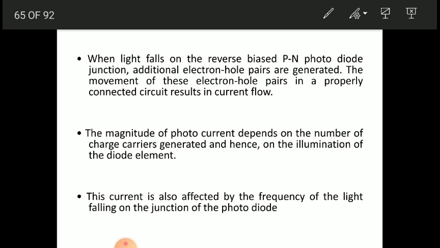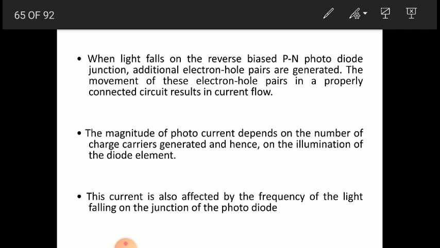So how much light intensity you are applying at the junction will result in the current that flows in this diode when it is reverse biased.